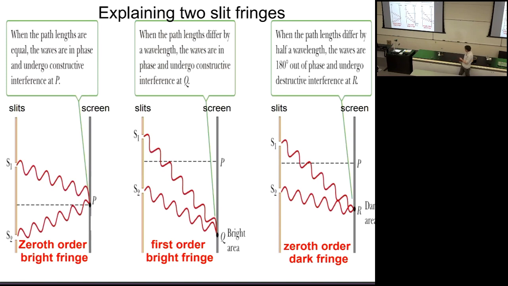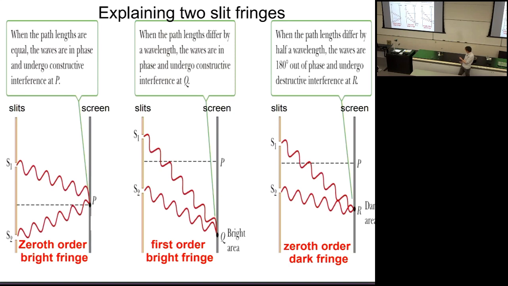If we look at the 1st order bright fringe, what is happening over here? Why do we get another bright fringe? These two waves don't travel the same distance from the two slits to the screen. They're going downstairs here because this is below the center of the screen. That means that this wave has traveled less distance. This upper wave from the top slit has traveled more distance. But we're still getting a bright fringe. Why is that?